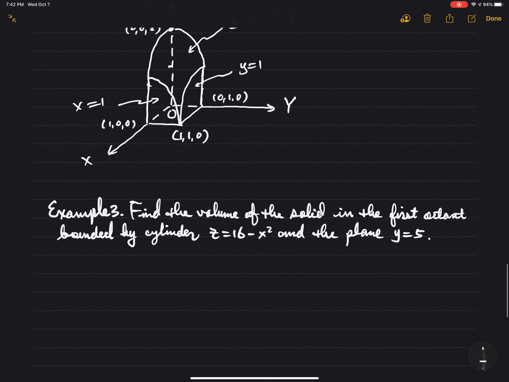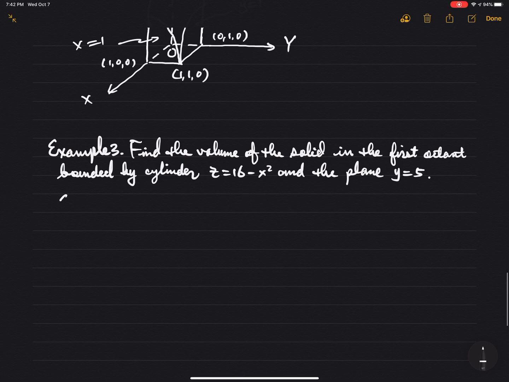Now, with this type of problem, you should be able to see the picture. So I'm going to draw the picture. Suppose this is the z-axis.